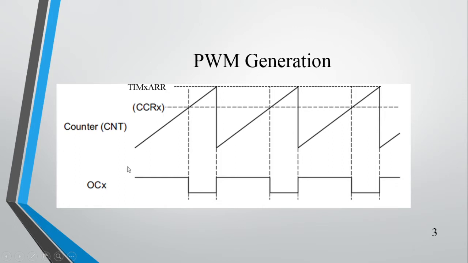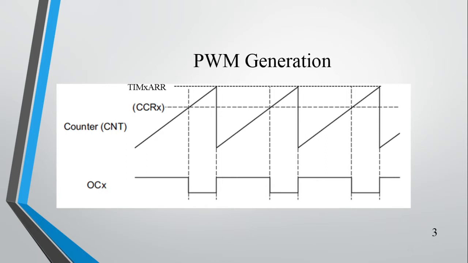This X stands for the timer channel or PWM channel. So if you are configuring PWM in timer channel 1, the OC1 pin will be there. Output compare pin will be there.